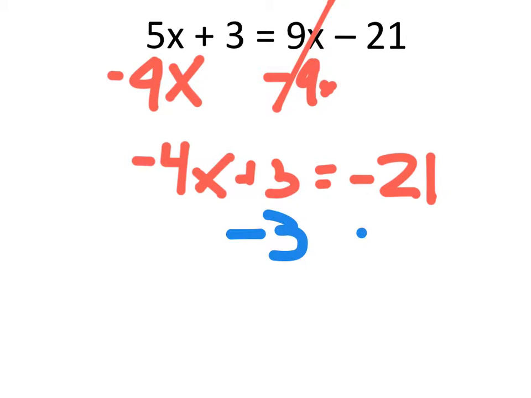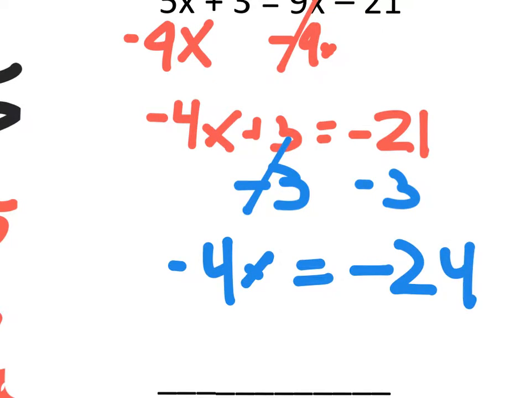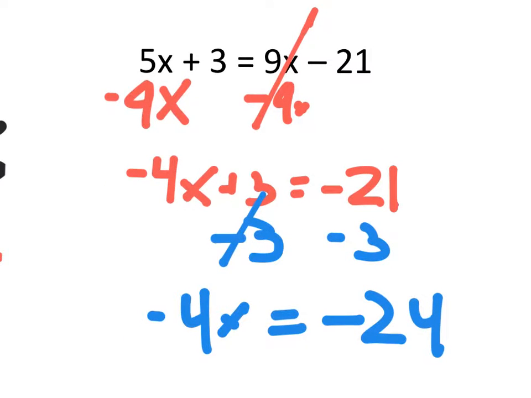Subtract 3 from both sides. We will get a negative 4x is equal to a negative 24. If I had, back at the beginning, subtracted a 5x from both sides, your final step would have been a positive 4x is equal to a positive 24.